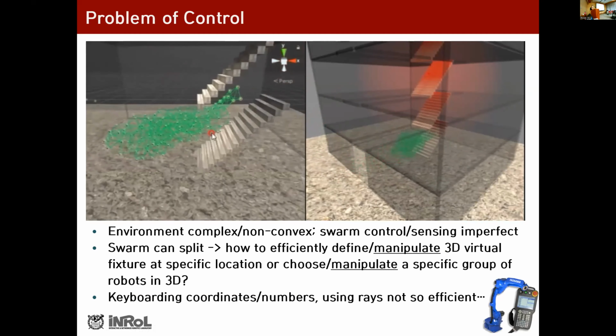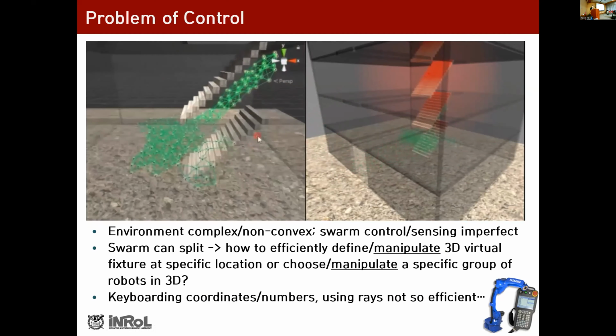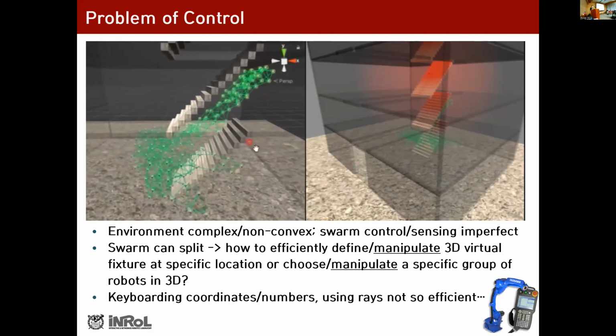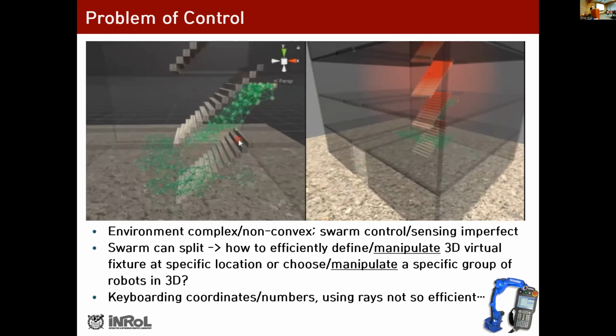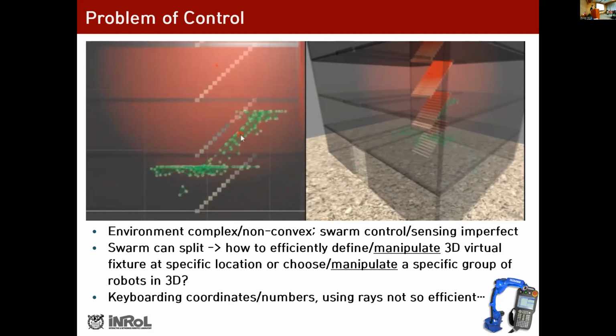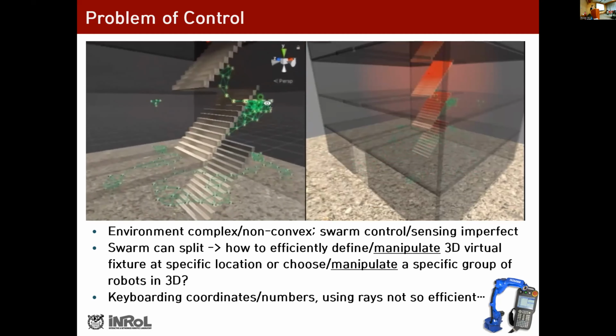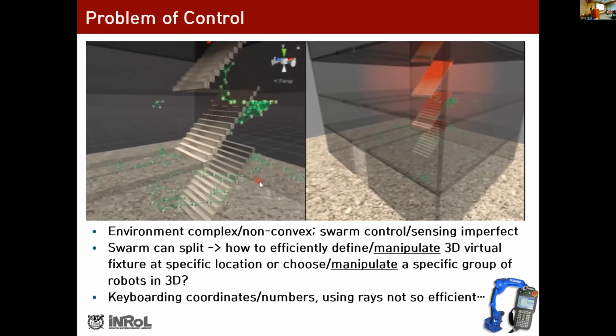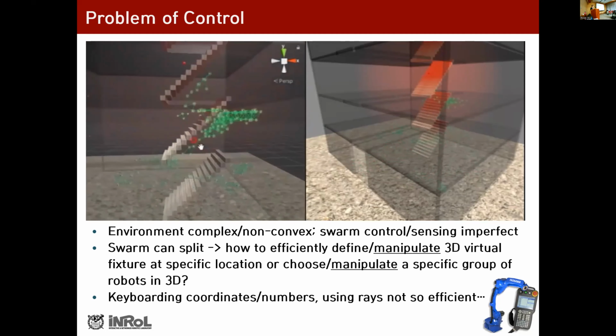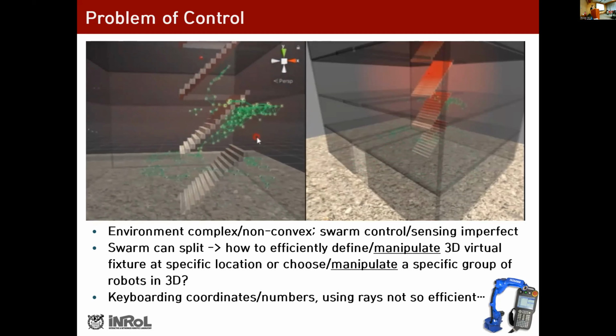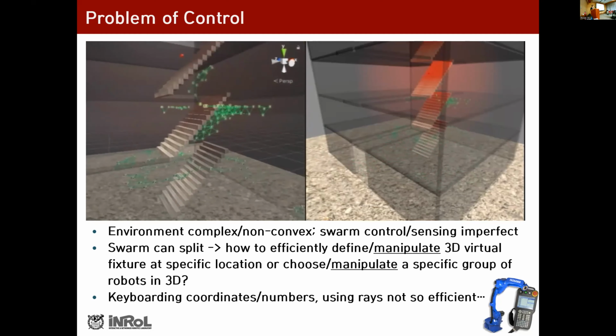And we all know that if the control has saturation, the control has uncertainty, and sensing is uncertain, it's very easy to have this kind of disconnection of agents. If the environment is simple, just void, it's easy to control this kind of swarm. However, as you can see here, real applications require us to work in environments which are non-convex and complex, and swarm control and sensing are also imperfect.